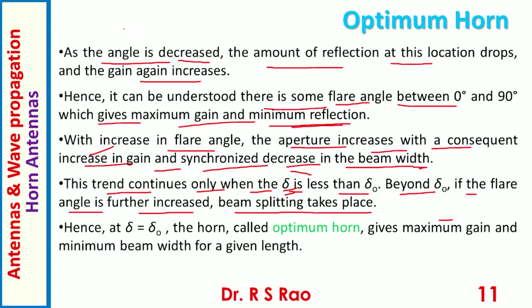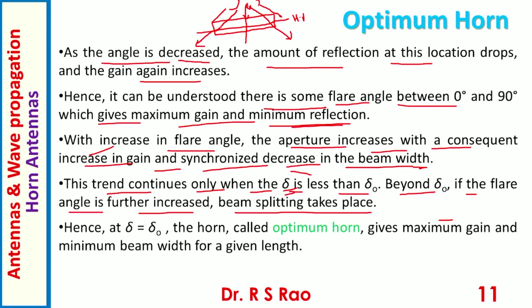What is delta? Consider a horn antenna. This is a horn antenna. Let us suppose this is an H-plane horn. Now input is given here. A part of the wave travels by the side walls like this. Another part travels straight, in a straight line, in the middle of the horn.